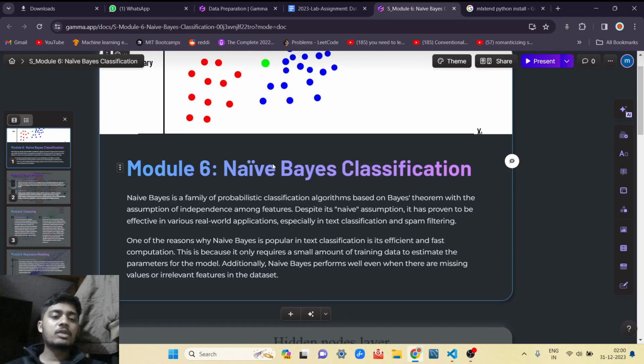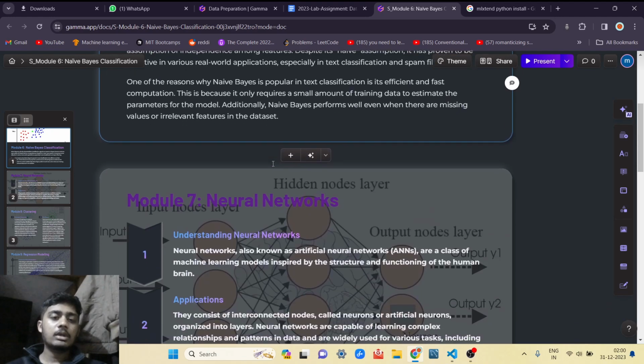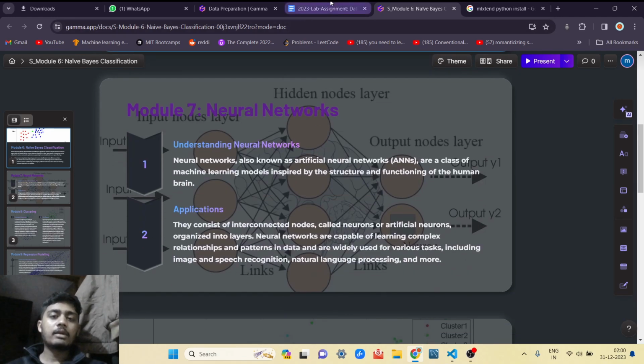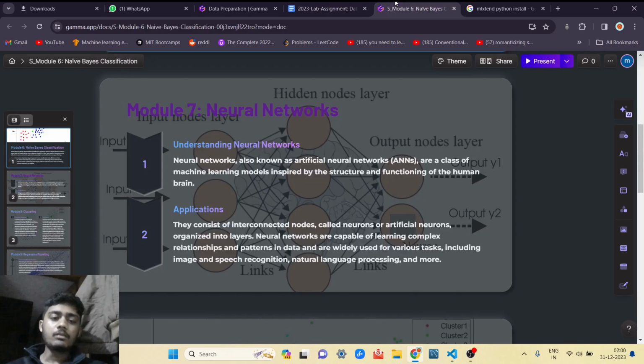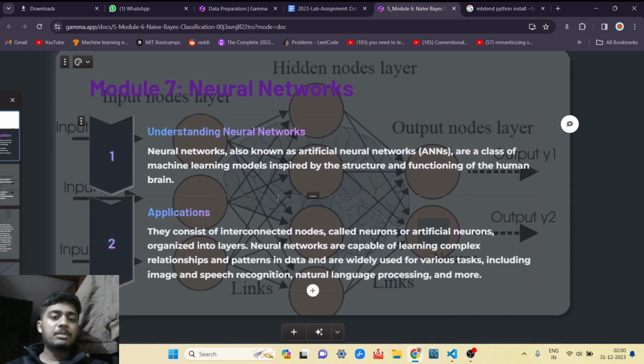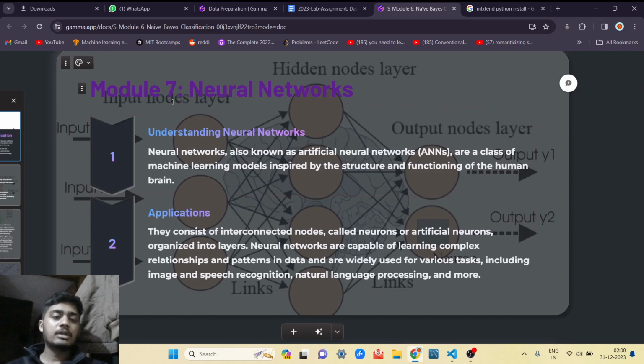Now moving toward the seventh module, that is neural networks: demonstrate application of neural network using Python. In our PPT we have seen the points on understanding neural networks. Neural networks, also known as artificial neural networks, are a class of machine learning models inspired by the structure and functioning of human brains.